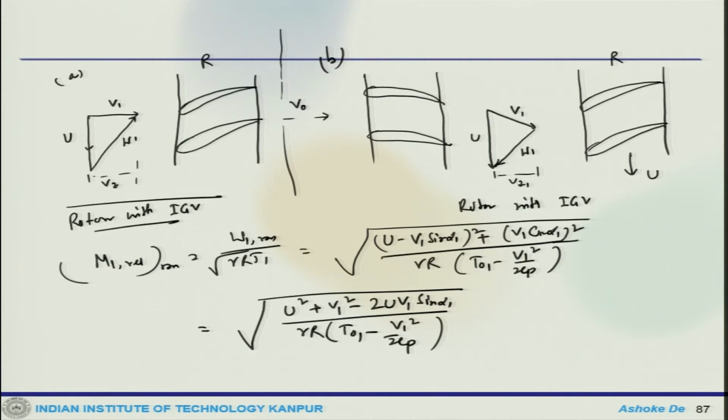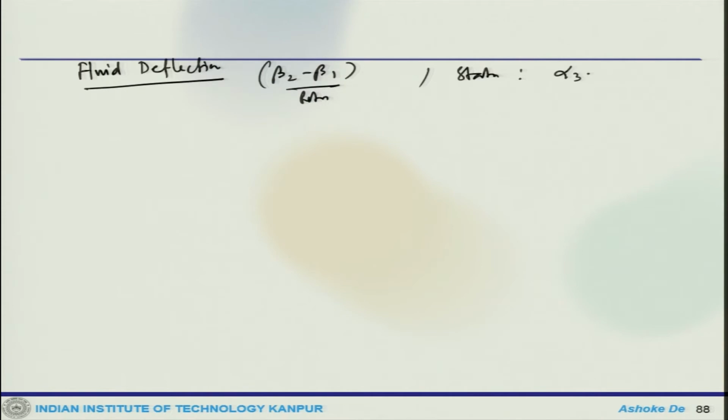Now, the other condition is the fluid deflection. That means beta 2 minus beta 1, the difference between the outlet and inlet angles. This is for the rotor, and for the stator it could be alpha 3 minus alpha 2.